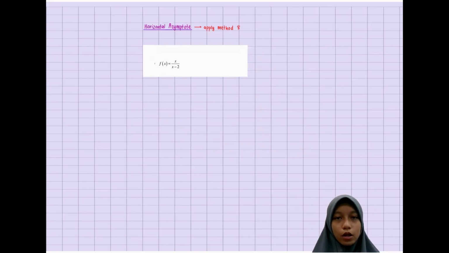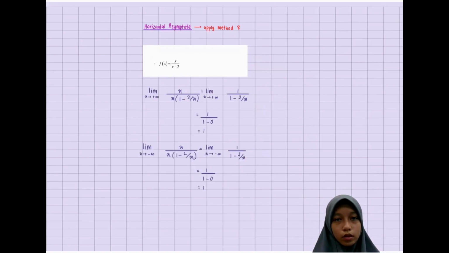Next, horizontal asymptote, where we will be applying method 8. Given the question where f(x) equals x over x minus 2. This is the solution: the limit of f(x) when x approaches positive infinity, where we apply factorization.